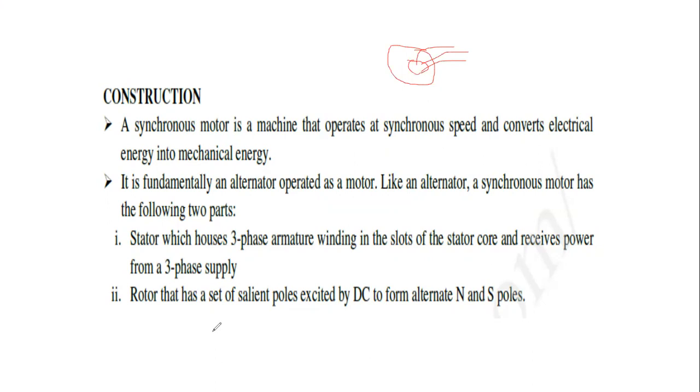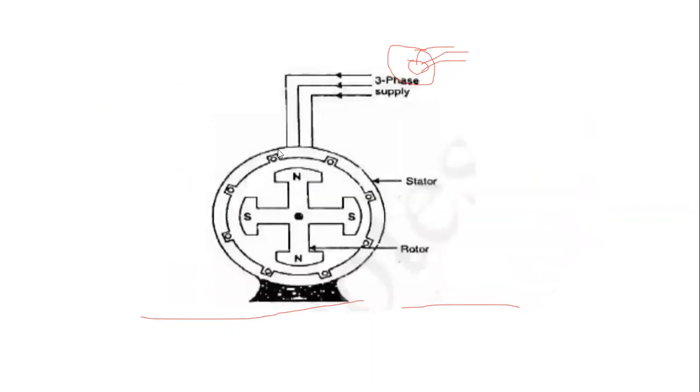The rotor has a set of salient poles excited by the DC supply, having north and south poles. This is the constructional view of a synchronous motor.